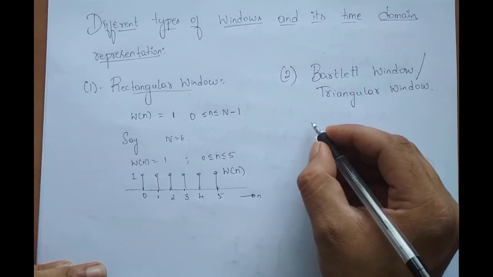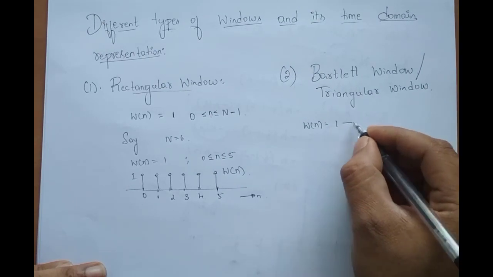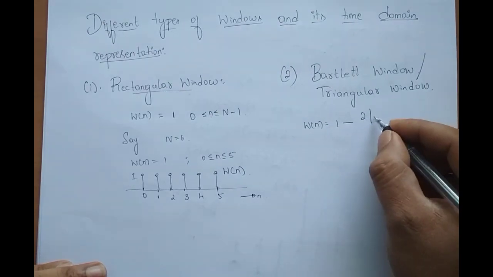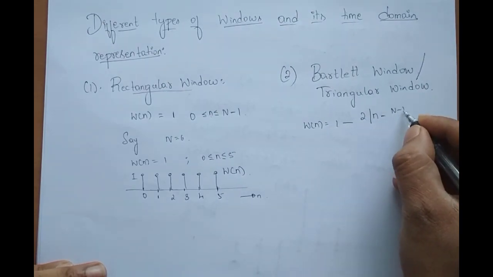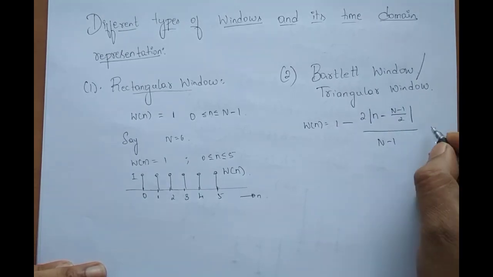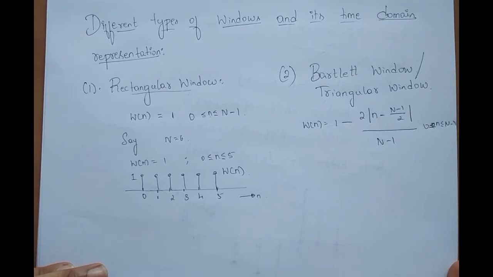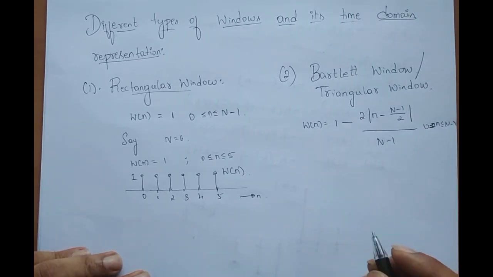Its mathematical equation in time domain is given by W of n is equal to 1 minus 2 times the magnitude of n minus (N minus 1) by 2, divided by N minus 1. And again here n is varying from 0 to N minus 1.